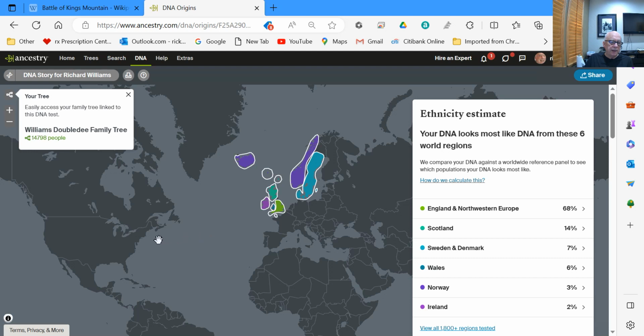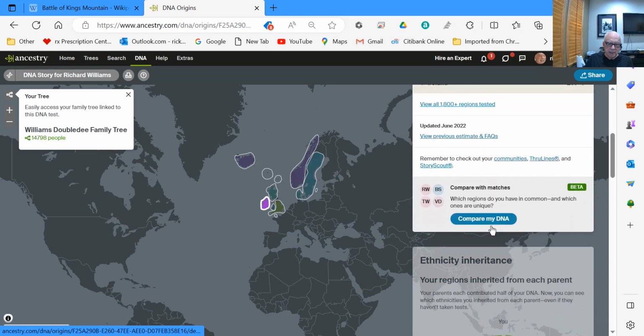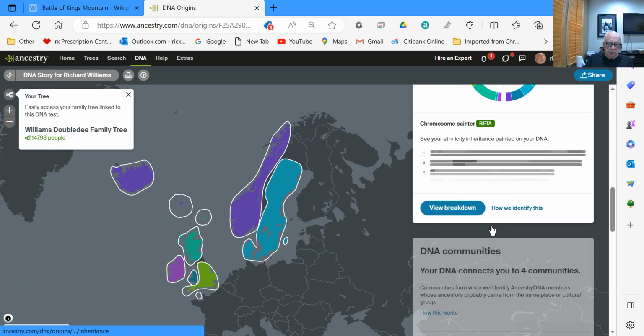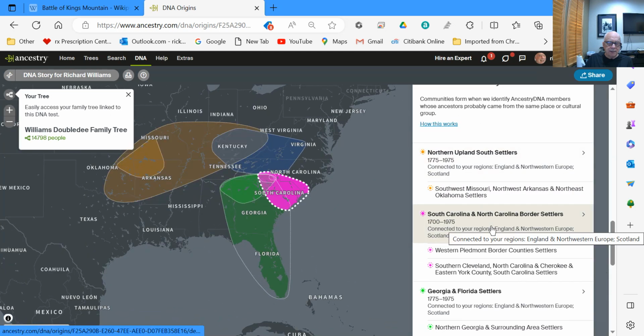In terms of my family, they came into Maryland, Virginia, Pennsylvania, and they immigrated through the South, through Tennessee into Missouri, and you can see all of that in these estimates, which is another sort of analysis that Ancestry goes through, again comparing segments from me against other families that were basically in the same regions.